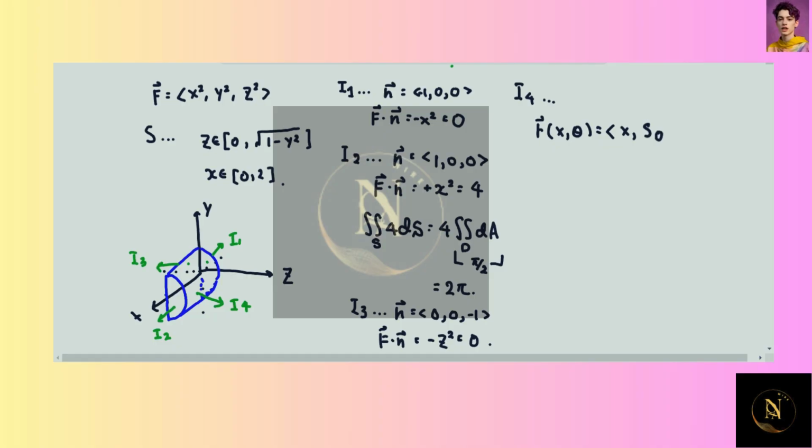It shouldn't matter, but I already did the work like this, so I want to be consistent. So r, the partial derivative with respect to x, will be (1, 0, 0). Similarly, with respect to theta, it'll be (0, cosine, negative sine). The cross product, in other words the normal vector, will end up being (0, sine, negative cosine).